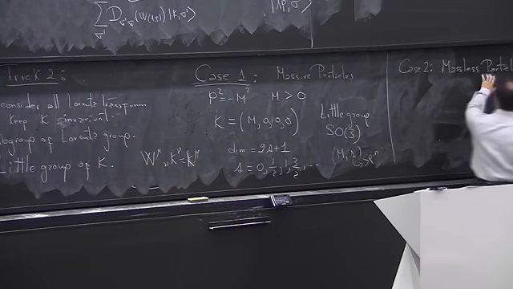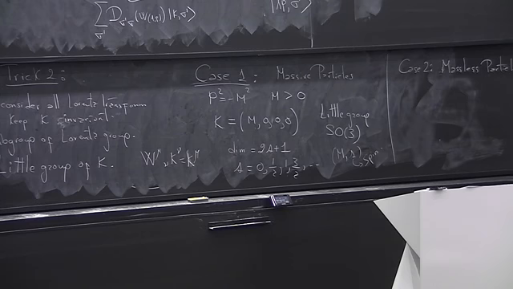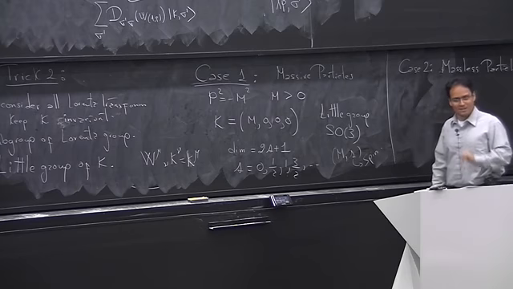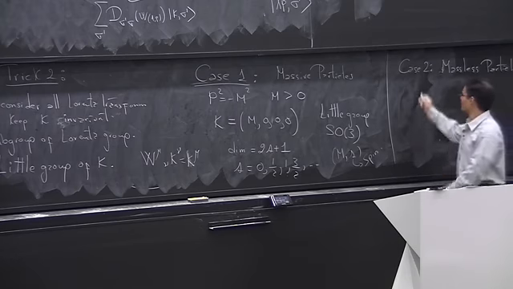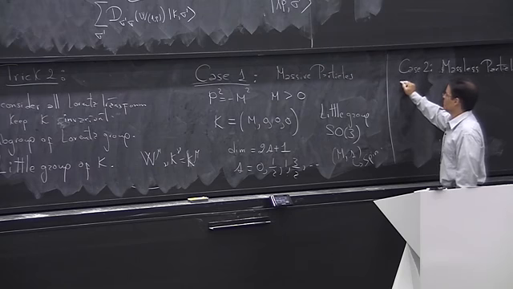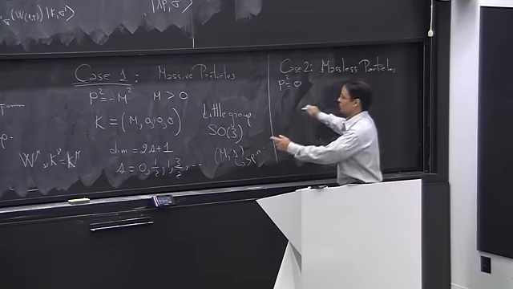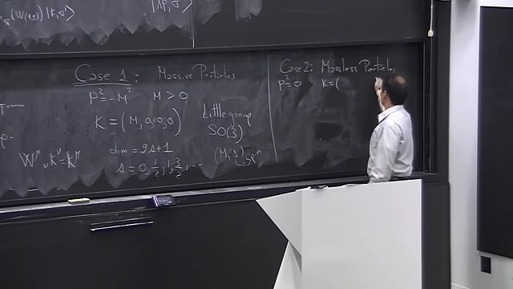The next case is the case of massless particles. Do they have a spin? Not really. Massless particles don't really have spin. So the reference vector in this case, we can choose it to be 1, 0, 0, 1.